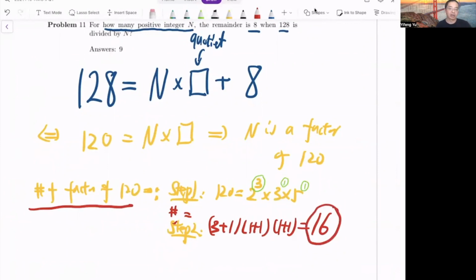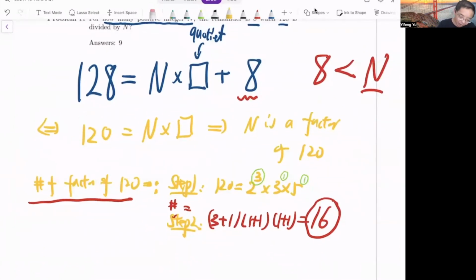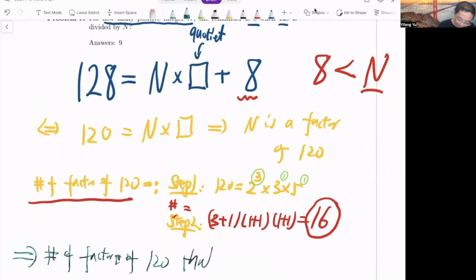However, we cannot use all those 16 factors because this one is the remainder. The remainder has to be less than n. So what we are basically looking for is the number of factors of 120 that are greater than 8.